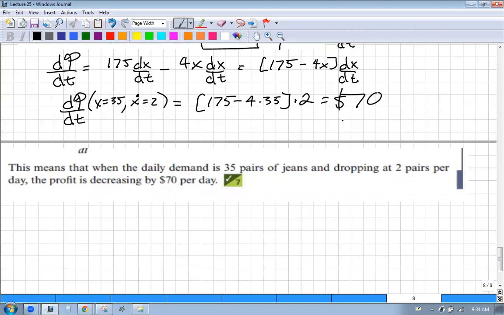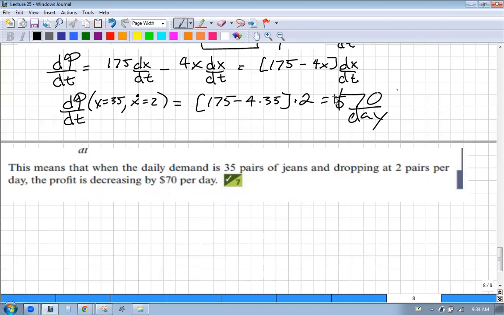Whatever the units were, I guess it was days, if we read the paragraph, make sure we follow the right time. So the change in profit is $25 or $70 per day when the demand is 35 pairs of jeans and dropping at 2 pairs per day. Oh, it's decreasing.